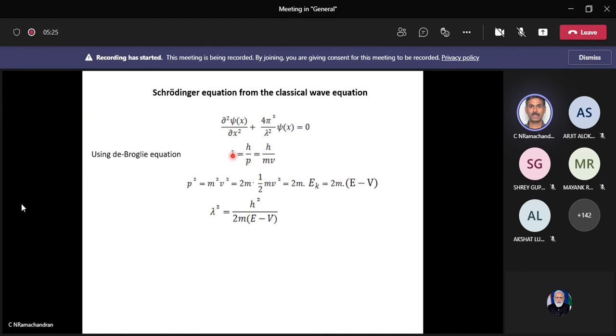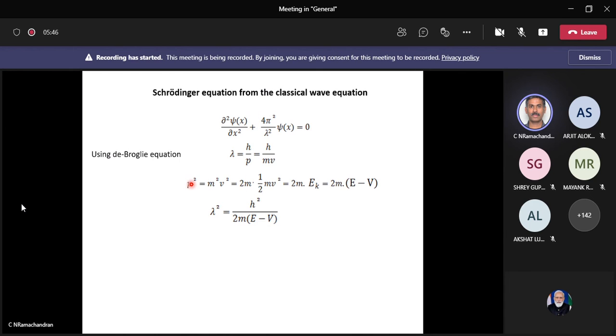At the same time you know that momentum p is equal to mv, or p square is equal to m square v square. If you expand that, m square v square is equal to 2m into half mv square, because I am slowly bringing in the kinetic energy.